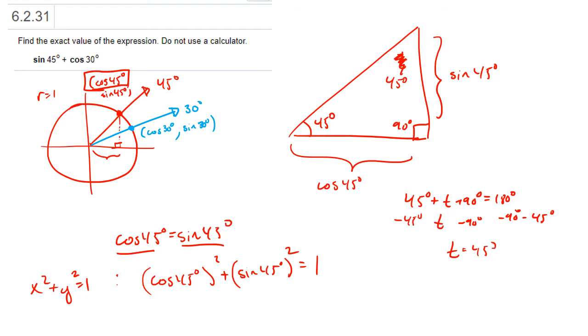But we just observed that the cosine of 45 degrees and the sine of 45 degrees are equal because they are across from equal angles in an isosceles triangle. So since we want the sine of 45 degrees, the cosine of 45 degrees is equal to the sine of 45 degrees.